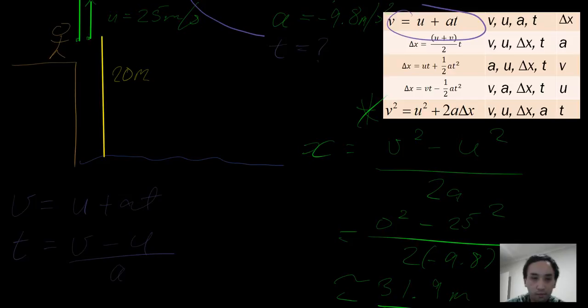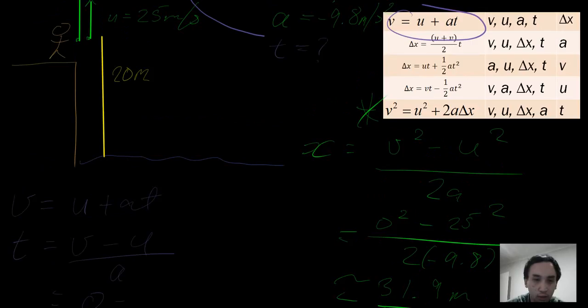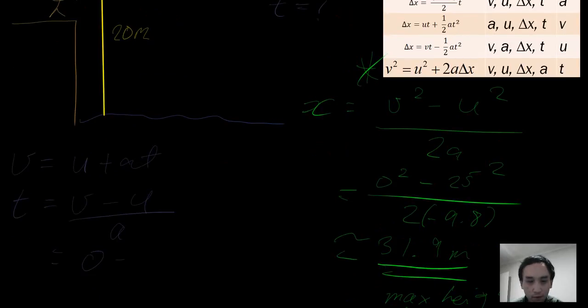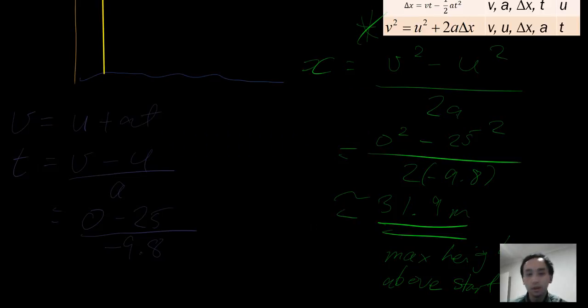So I'm just going to plug in some numbers here to find out t, because this is just equal to 0 minus the initial velocity was 25, and it's going to be divided by negative 9.8. Okay, so going back to our calc, negative 25 divided by negative 9.8 will give us about 2.55 seconds.